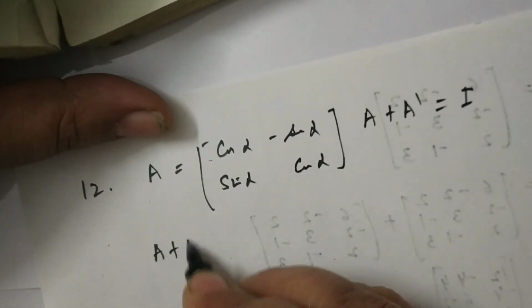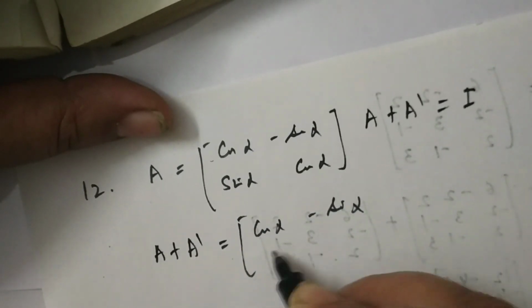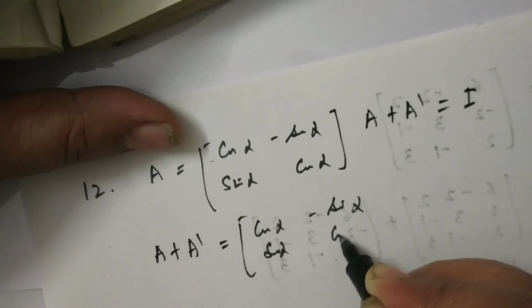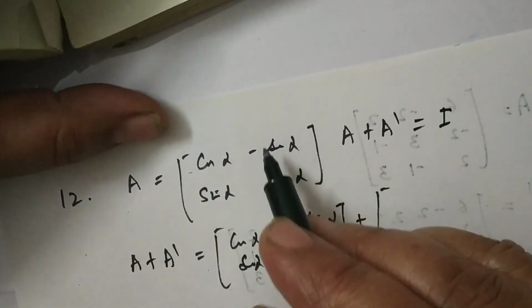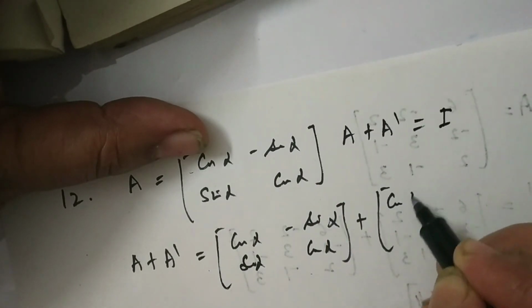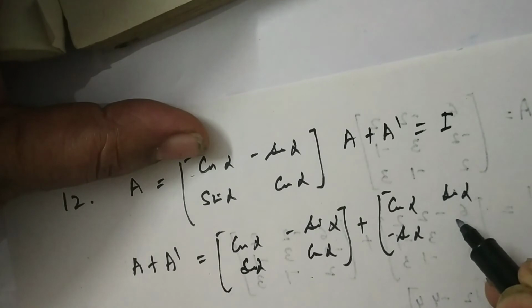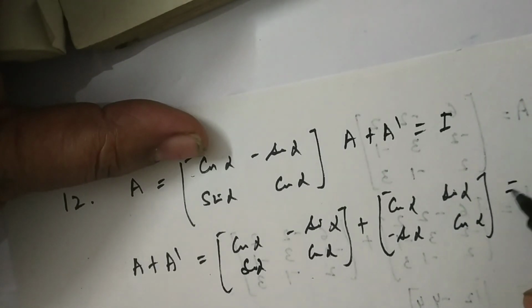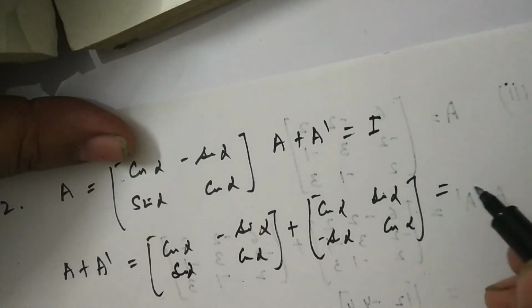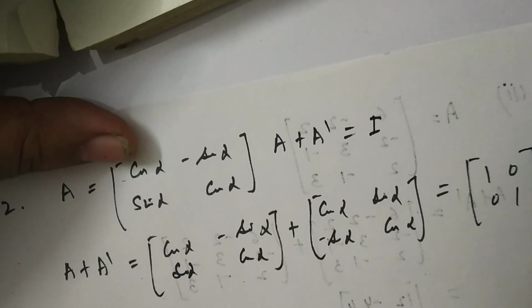Again, A plus A transpose will give me [cos alpha, minus sin alpha; sin alpha, cos alpha], plus A transpose, which will become, now the row becomes column, [cos alpha, sin alpha; minus sin alpha, cos alpha], equal to, given that it is the identity matrix of the same order, so I can write it like this.